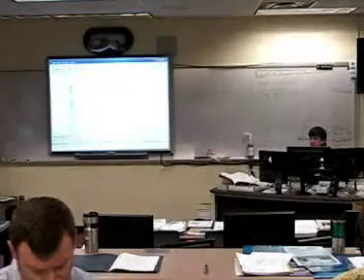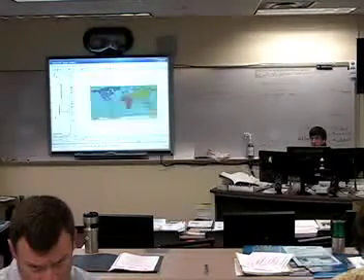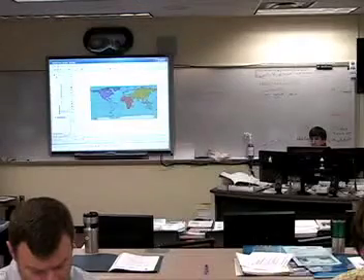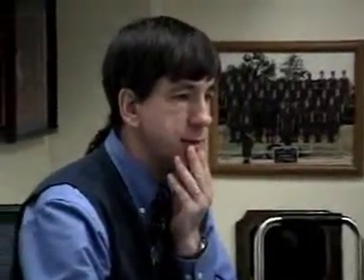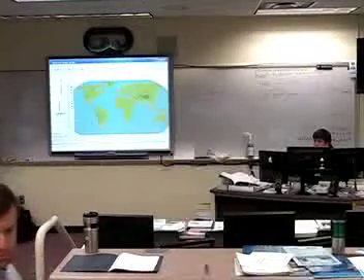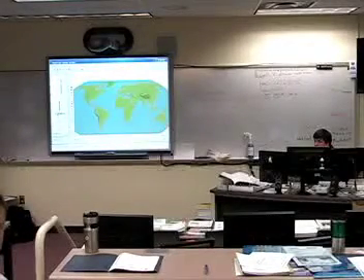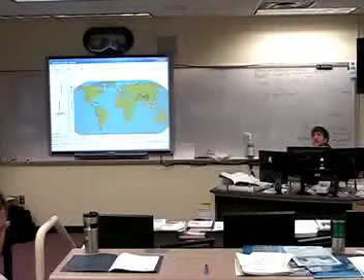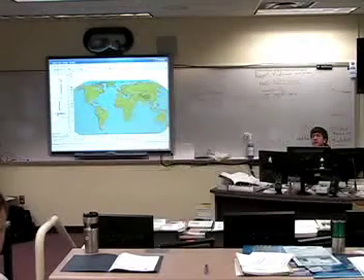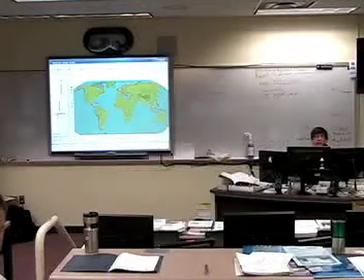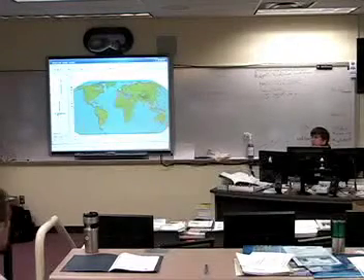The idea here is I want to look at global sea level change. Okay, 20,000 years ago. You mean climate change is not just the last 30 years? It's been happening for centuries?